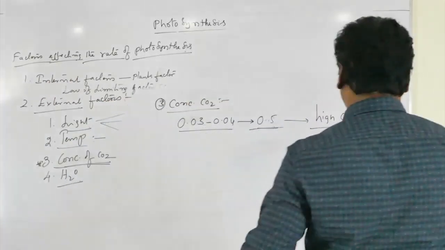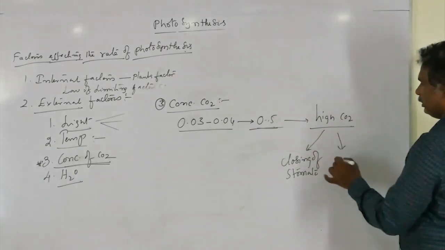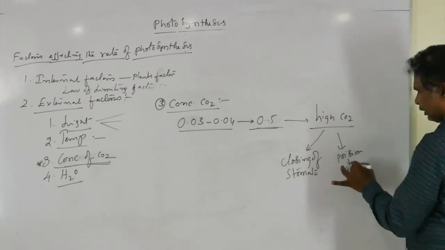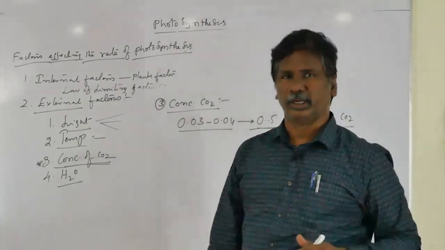And another one is that a high concentration of CO2 can act as a poison to the cells, which also decreases the rate of photosynthesis.